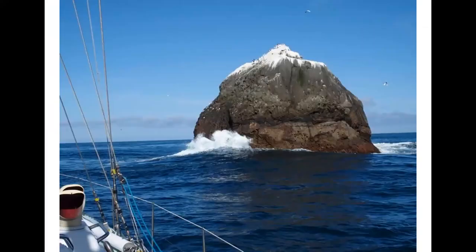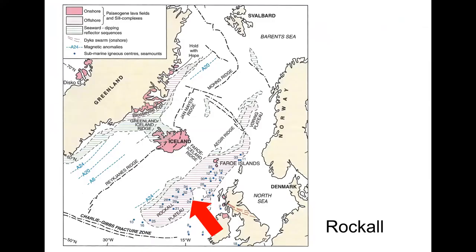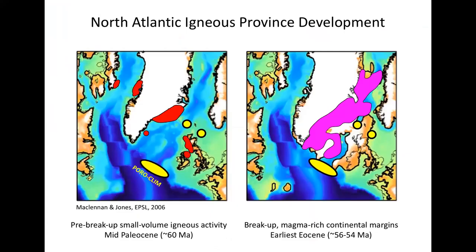And most of the North Atlantic province is actually offshore and much of it buried. So here is the island that some people sometimes get. It's Rockall, sticking out above the sea. And this is a map of the whole North Atlantic igneous province, a sort of summary map, if you like.